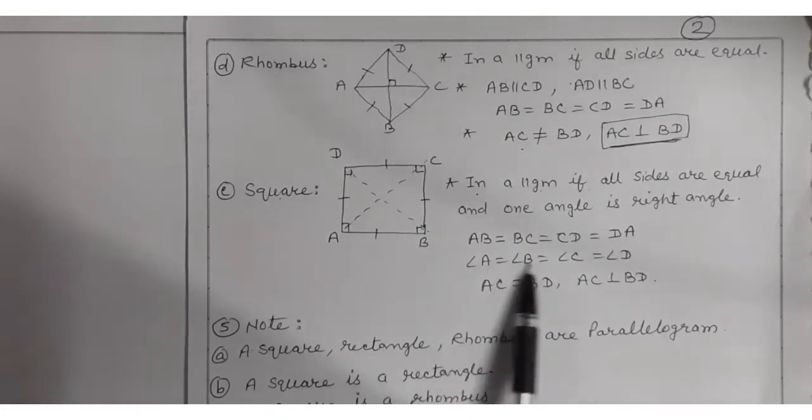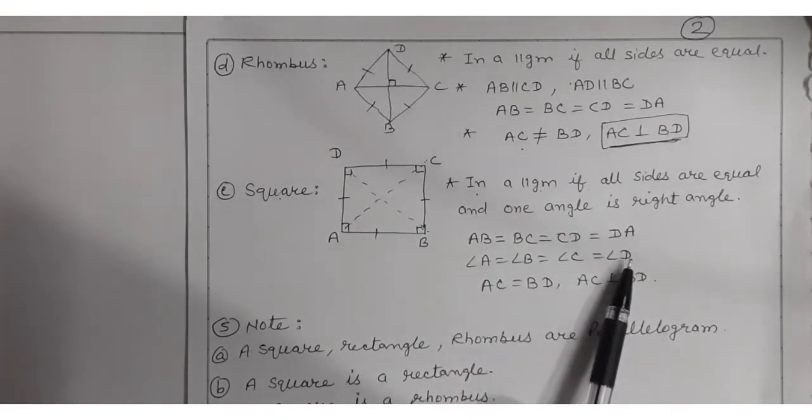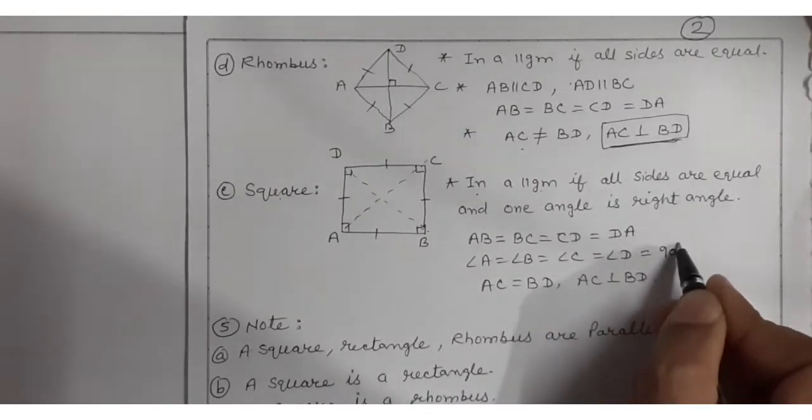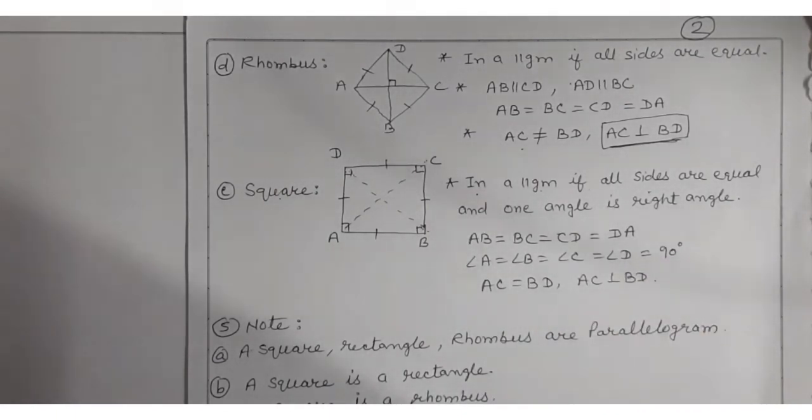So we can say all four angles are equal, and that is equal to 90 degrees.